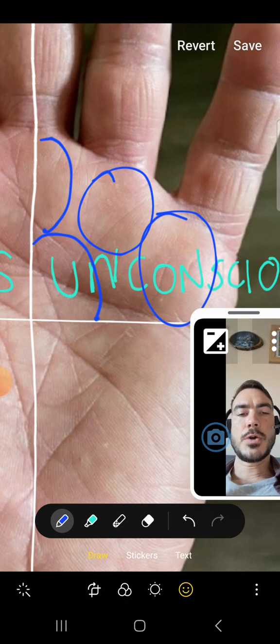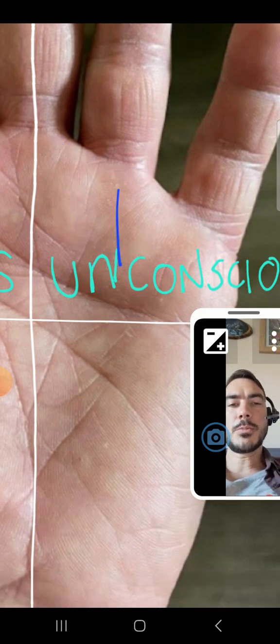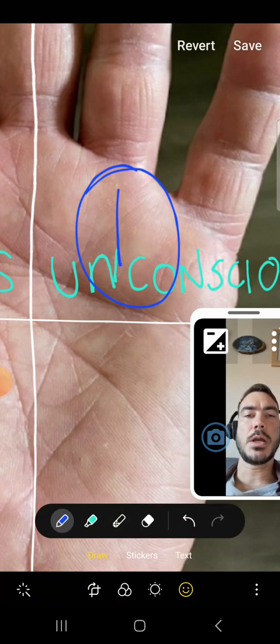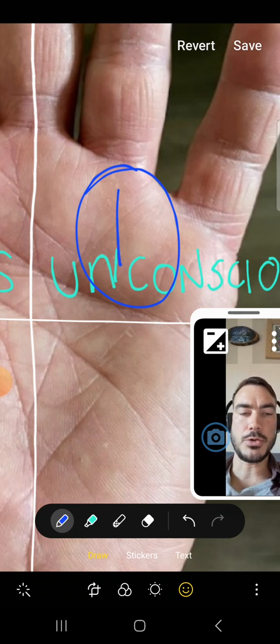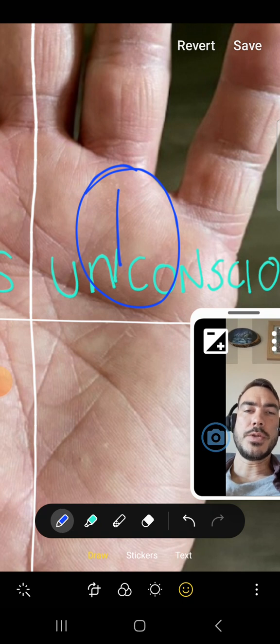So this first quadrant overall, to summarize, is how we put ourselves on show to the outside world. It's all of these mounts combined. So it's how we express and show ourselves, reveal ourselves to the world.